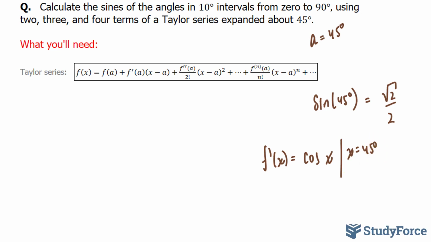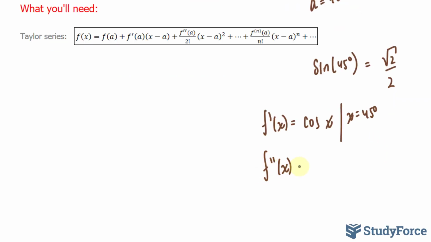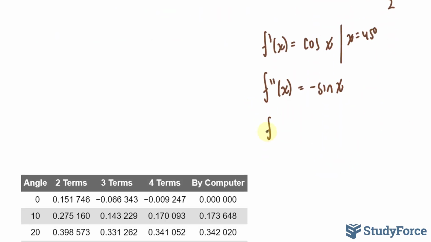I'll do that next. F double prime is equal to negative sine x. Same thing, at 45 degrees it will be evaluated. For f triple prime, we have negative cosine x. And just for good measure, let's find the fourth derivative. F fourth prime, we have positive sine x.